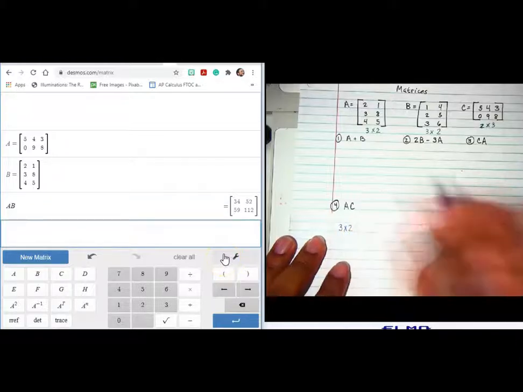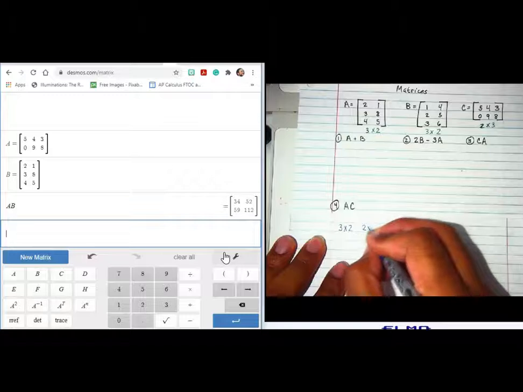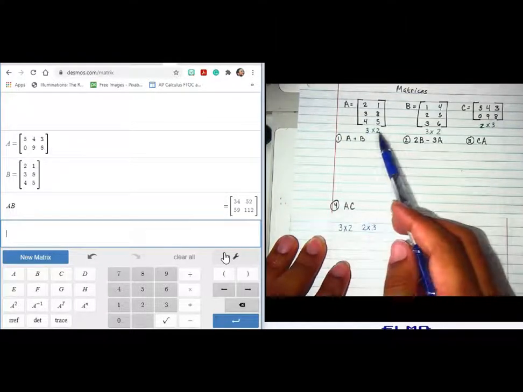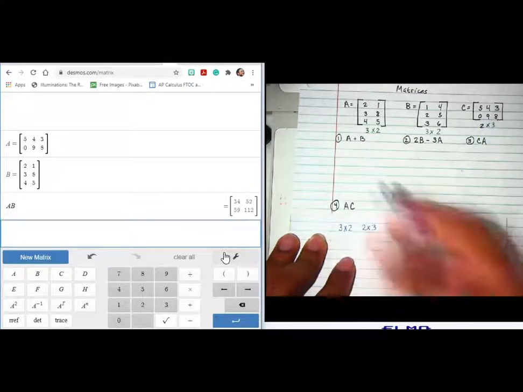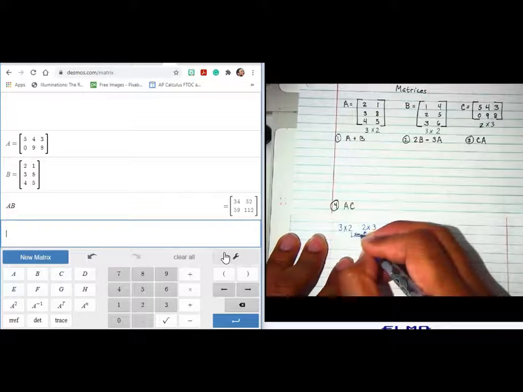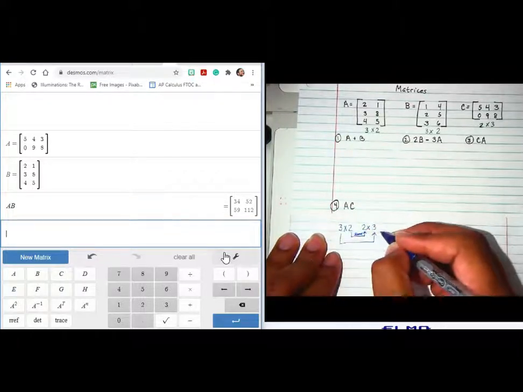Our C is a 2 by 3. And look at that. We can do it. It can be done. Those are the same. So it means our answer should be a 3 by 3.